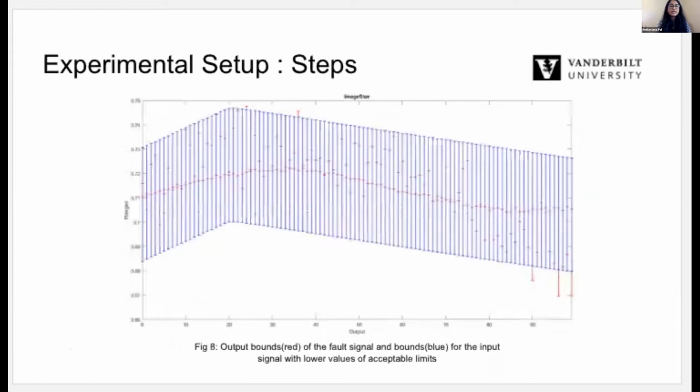And if we look here, with the lower acceptable range, there are some instances where the output bounds that come from the reachability analysis go beyond this acceptable range. We can see a time instance near t equals 96 that goes way beyond the acceptable range.